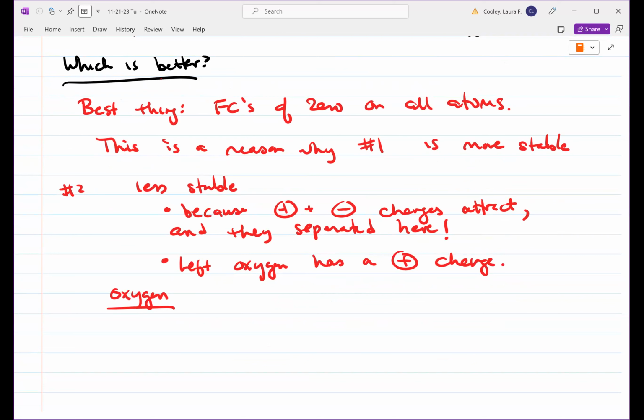Oxygen is in that upper corner of the periodic table where its electron affinity is very high. It wants extra electrons. It releases a lot of energy when it accepts an extra electron. So oxygen is highly electronegative.